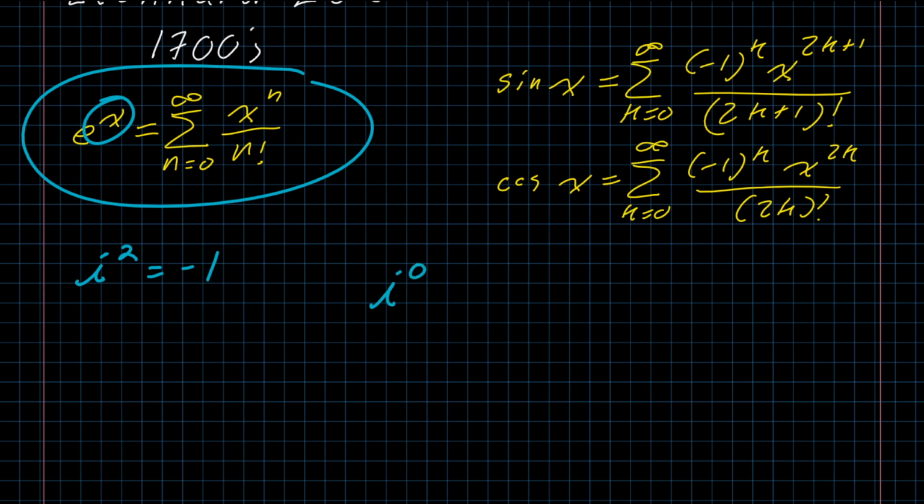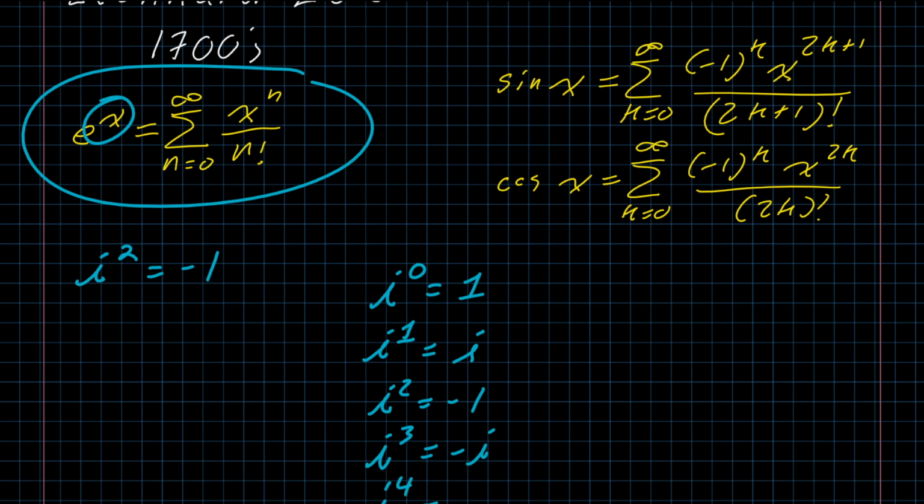Anything to the 0 power is equal to 1. Anything to the first power is just that thing. The definition of i gives us that i squared is negative 1. i cubed would then be negative 1 times i, which would be negative i. And then i to the 4th power.